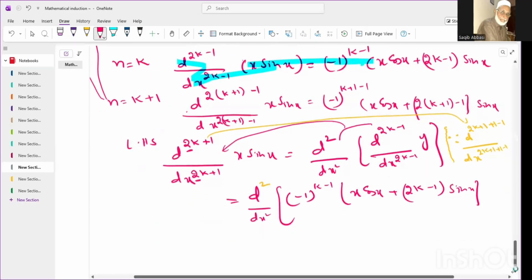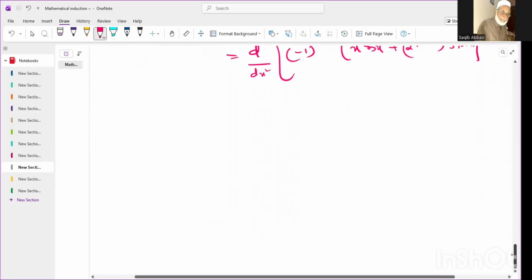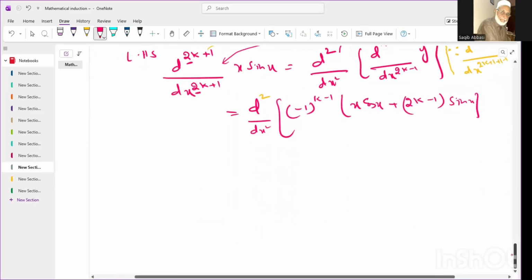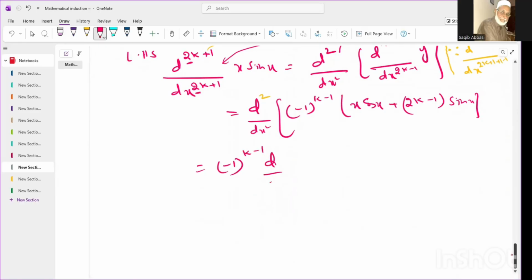Now we will go forward in this way. We take (-1)^(k-1) at its start and take the first derivative. For x cos x, its derivative is cos x minus x sine x, plus (2k-1) times the derivative of sine x, which is cos x.